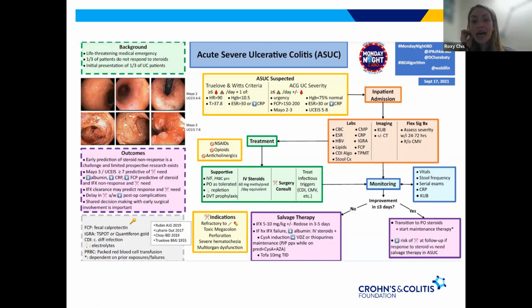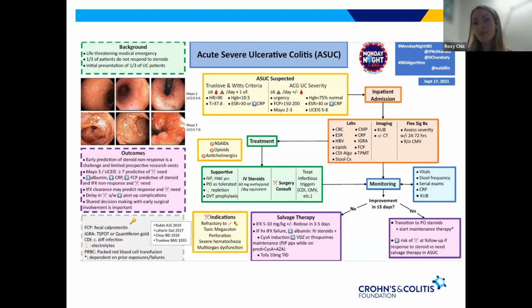And so they get treated automatically with steroids. So intravenous steroids, Solumedrol, 60 milligrams. And then we automatically also get a surgical consult on these patients in the event that they might require surgery. So what we end up doing is we reassess their symptoms at day 3, as well as the laboratory investigations, specifically their CRP and hemoglobin.